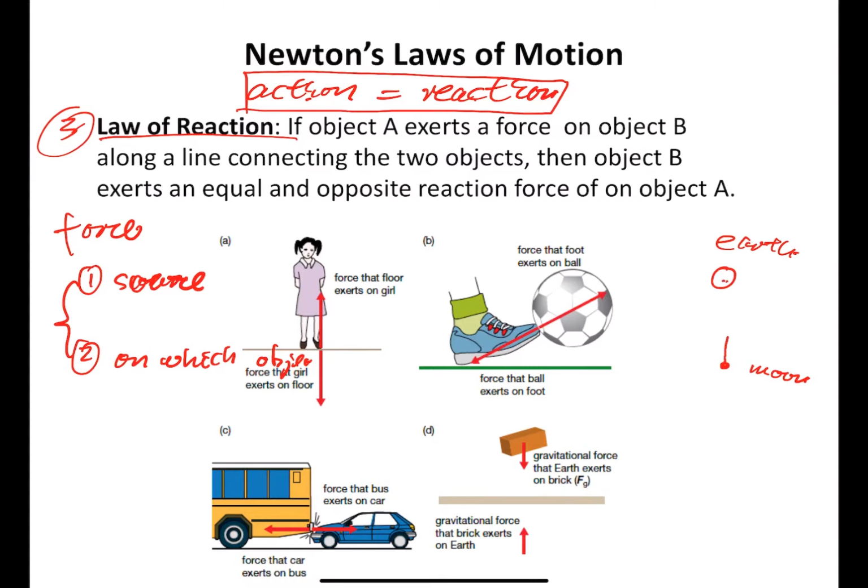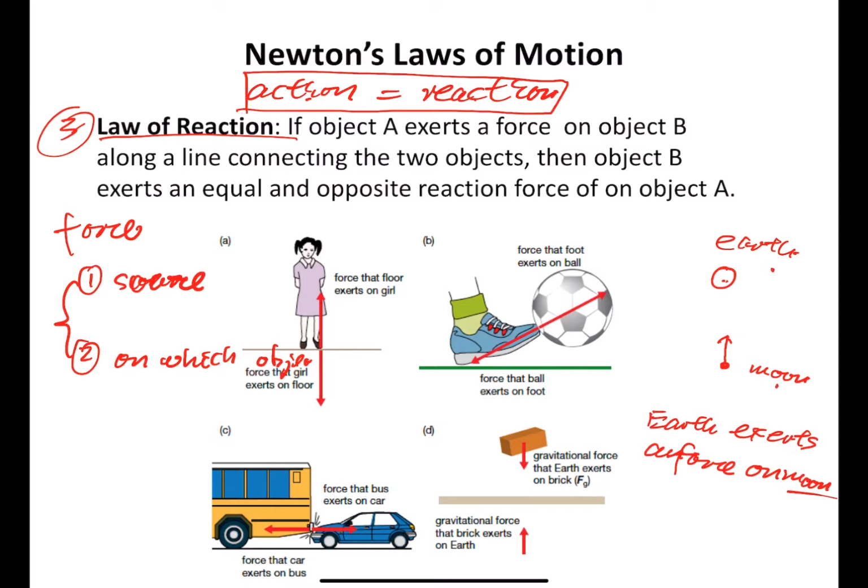This one takes the force. So we'll say Earth exerts a force on the moon, or if we put the article, Earth exerts a force on the moon. So this is the give, this is the take.